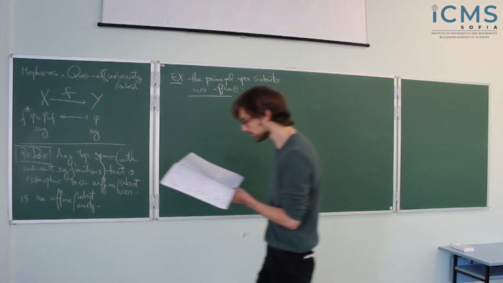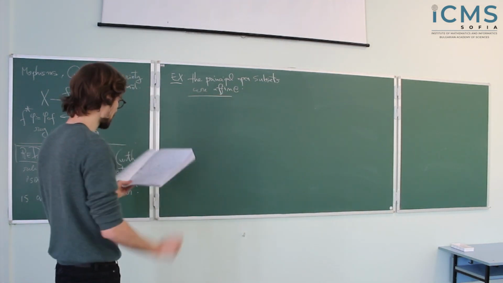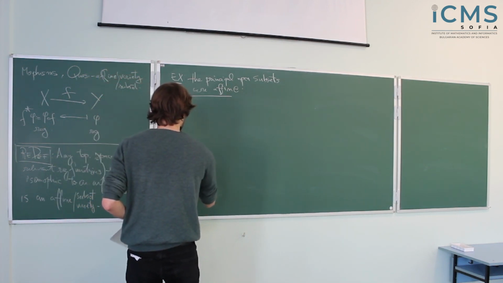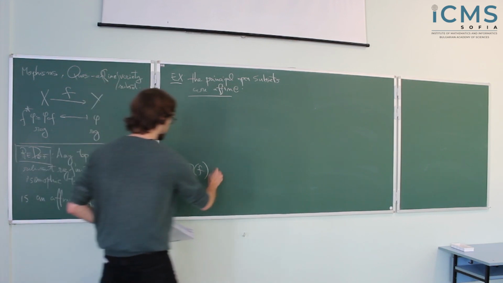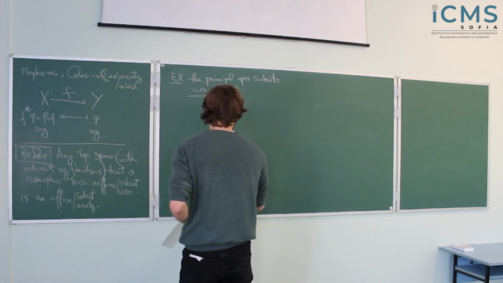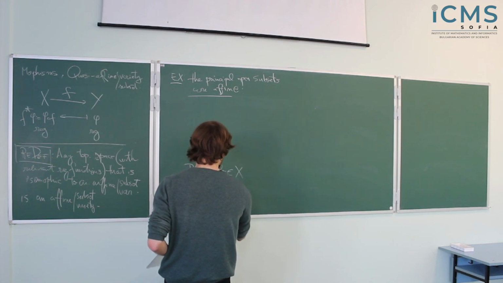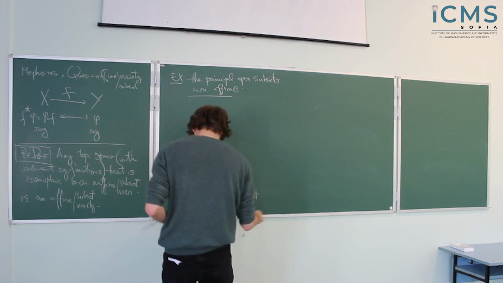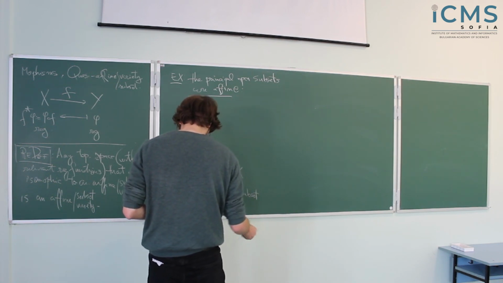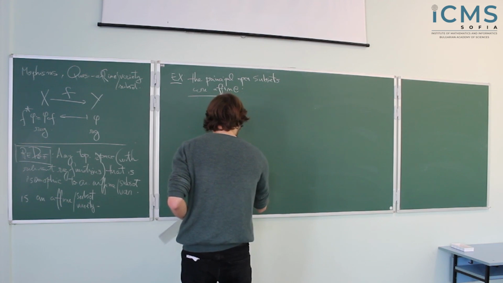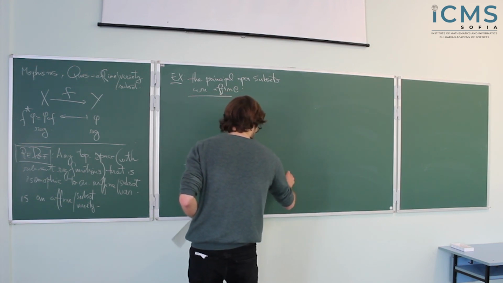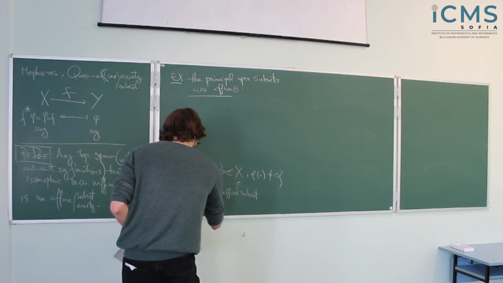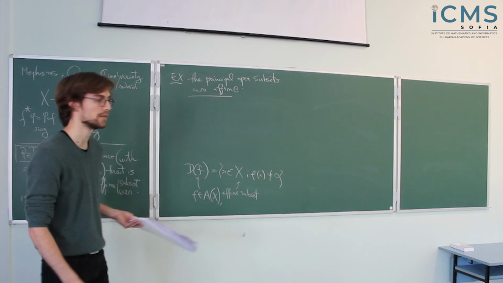So what does this mean? You remember that we can define D(f). These are x in an affine subset such that f(x) is not equal to 0, where f is an element of the coordinate ring.